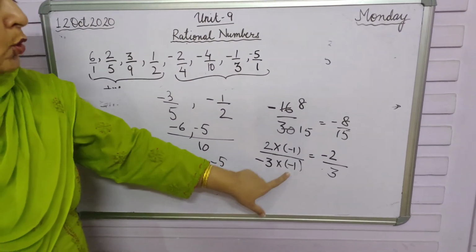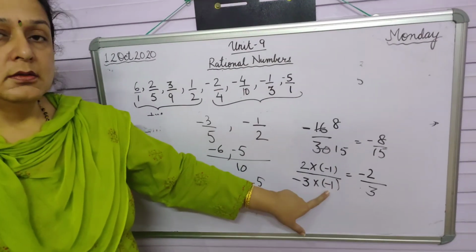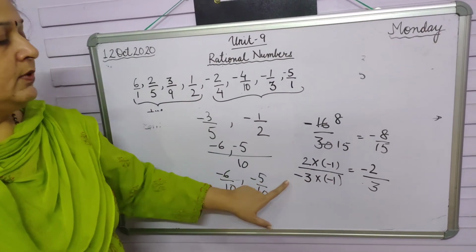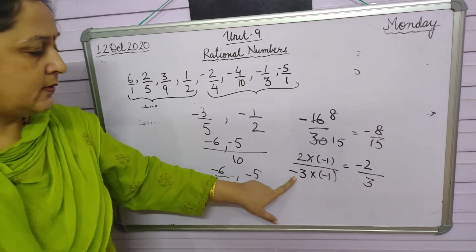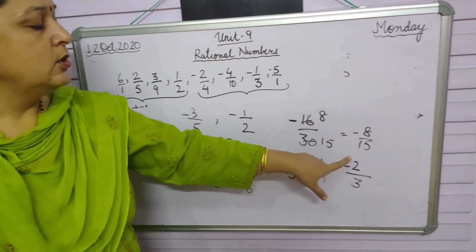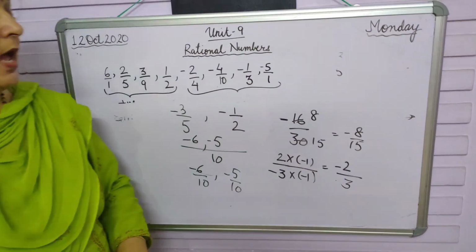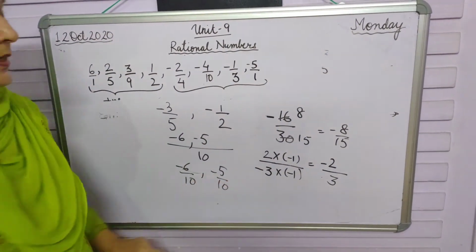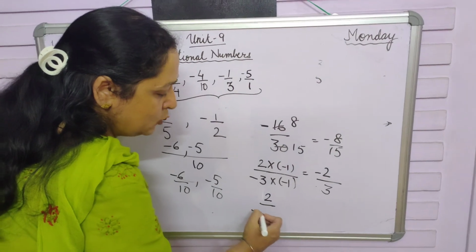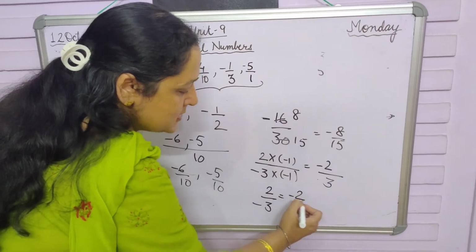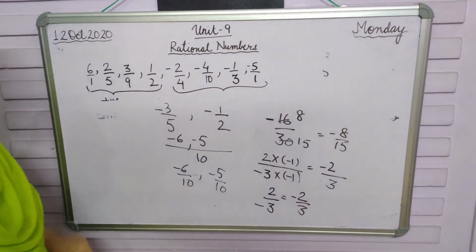So instead of showing this every time, we can directly shift the negative sign in the denominator to the numerator, and this rational number can be written in its standard form. So I can say that 2 by minus 3 is always equal to minus 2 upon 3.